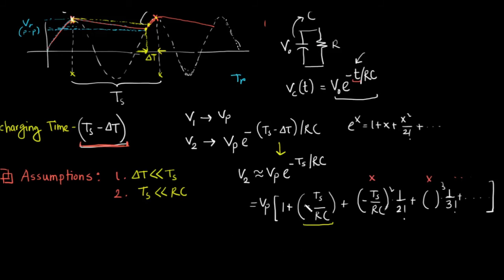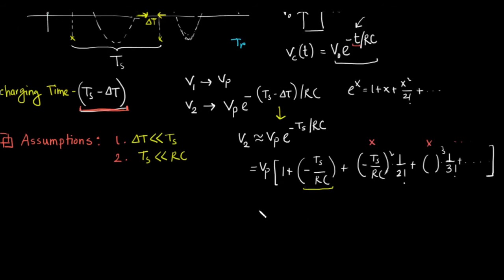So the second approximation that we are going to make, after the first approximation, is that we neglect all the terms except the first order term.